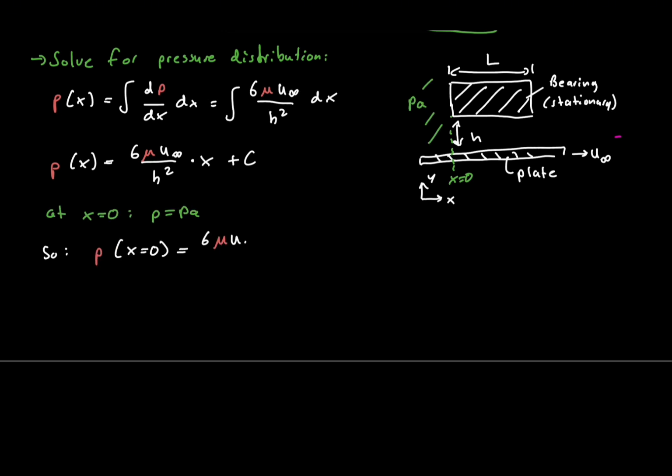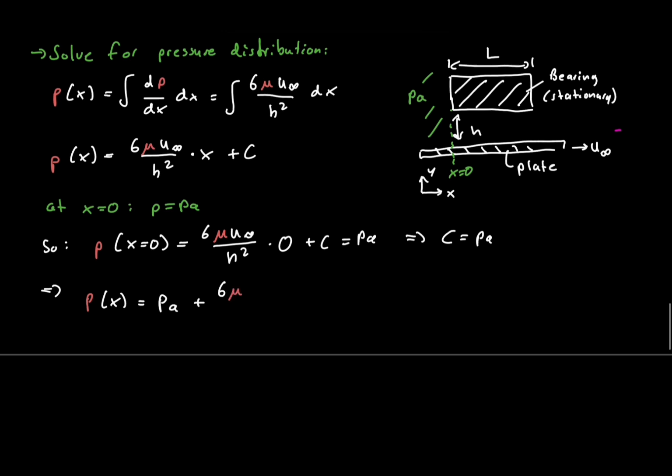Therefore, the constant is PA, and the pressure field becomes P of x equals PA plus 6 mu U infinity divided by h squared times x. The pressure therefore increases linearly along the film.